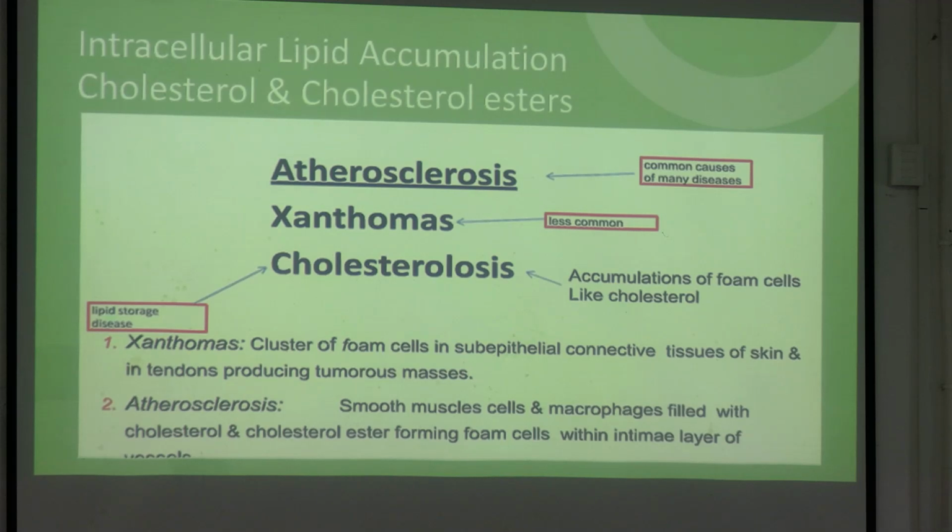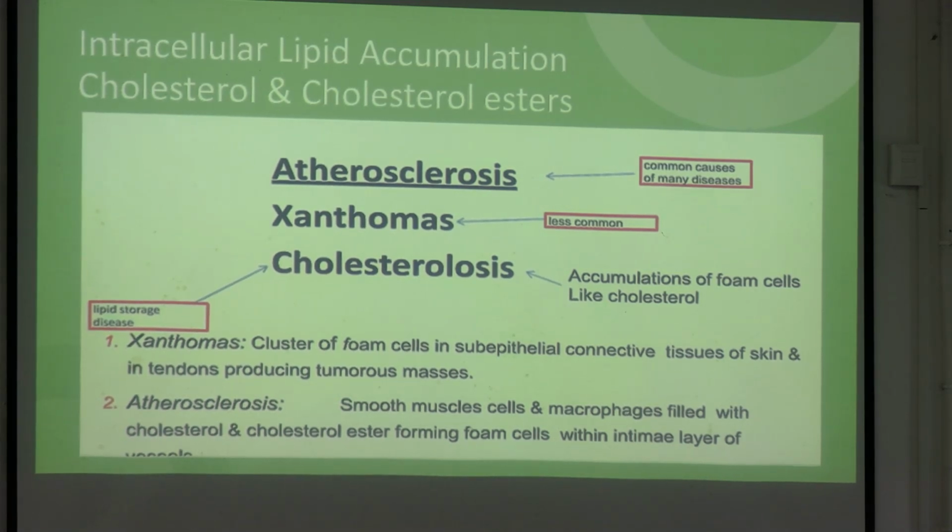If the cholesterol or neutral fat accumulates in the liver, then it is called fatty liver or steatosis of liver. If it occurs within our blood vessels, then it is called atherosclerosis. If it occurs within the skin and subcutaneous tissue, then it is called xanthoma.